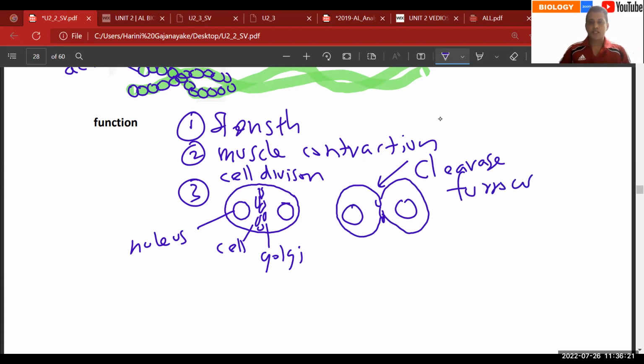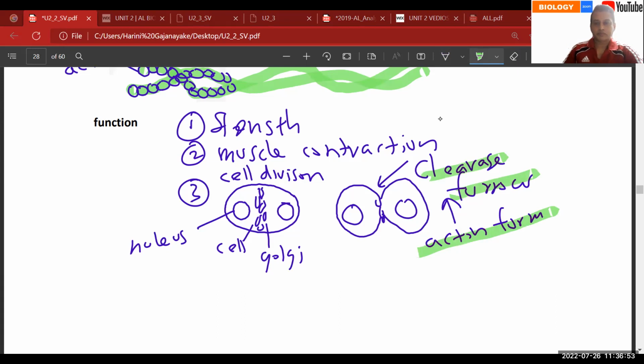So actin is important to make the cleavage furrow. Actin forms the cleavage furrow. This one again, we're going to learn in cell division.